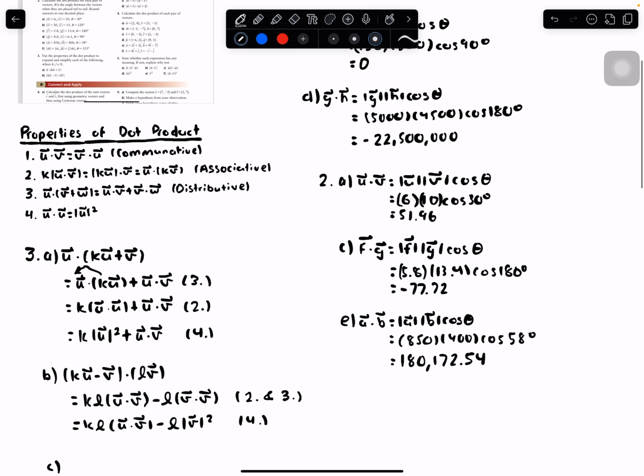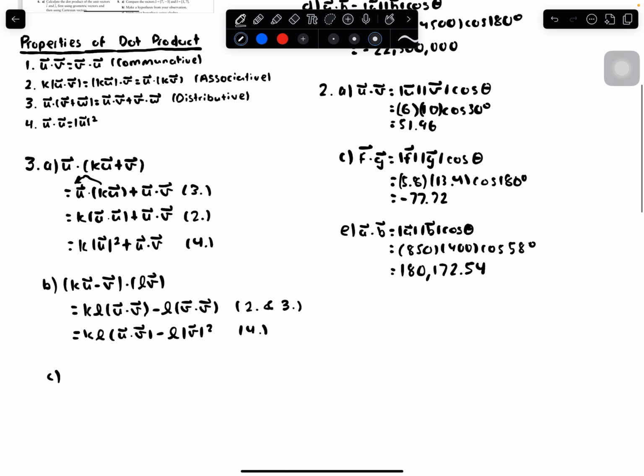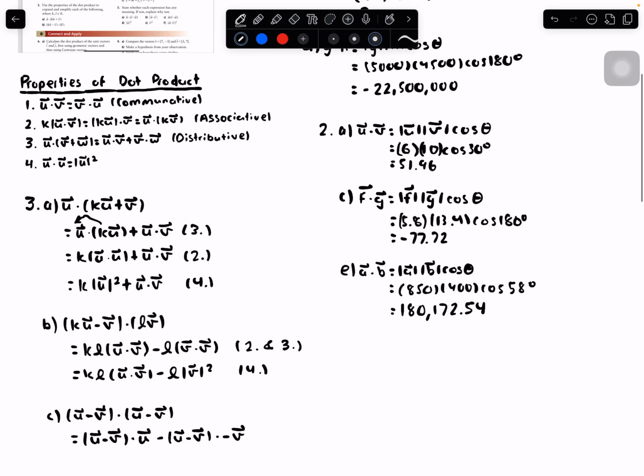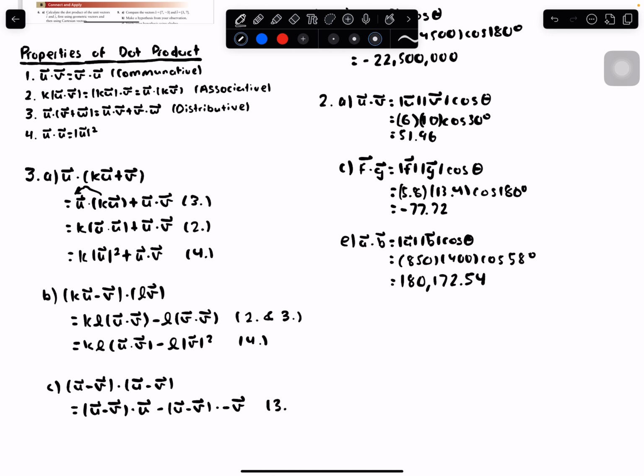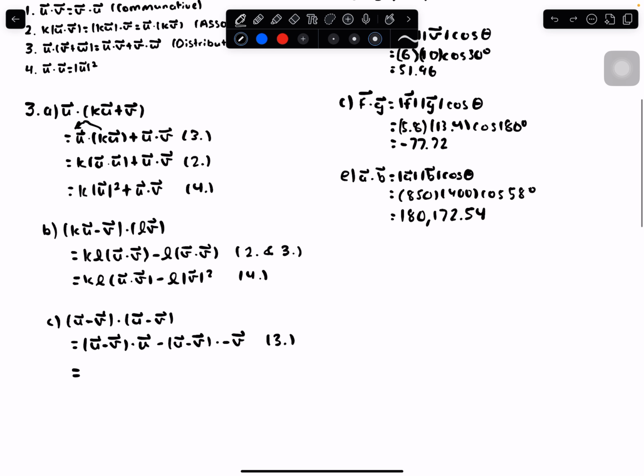C. We have (u minus v) dot (u minus v). So this is another round of distributing. We get (u minus v) dot u, and then minus (u minus v) dot v. This is by 3. I'm just splitting up this binomial vector here.